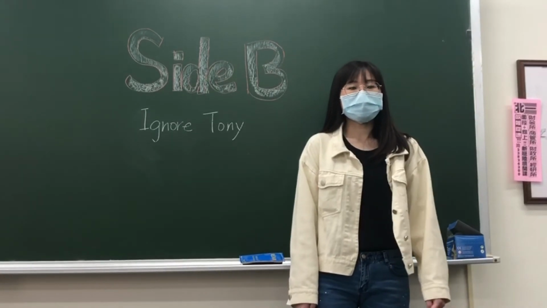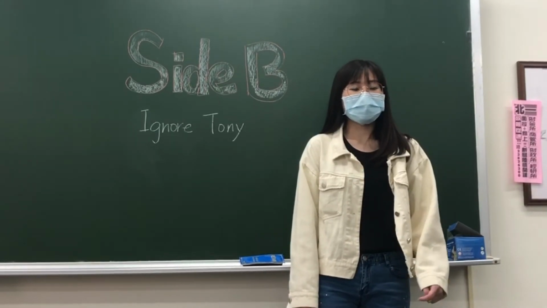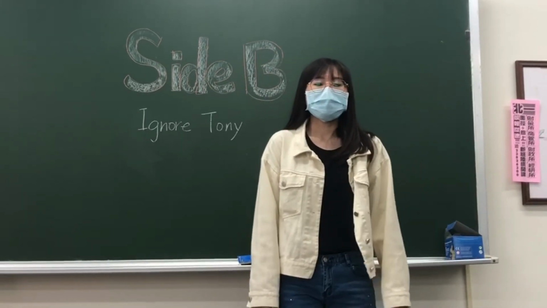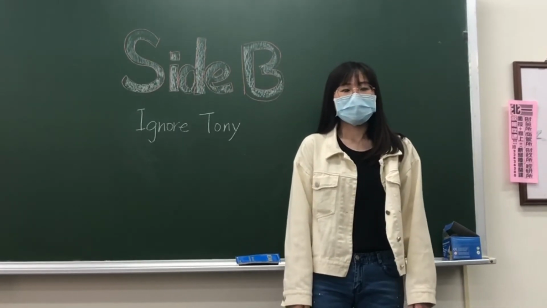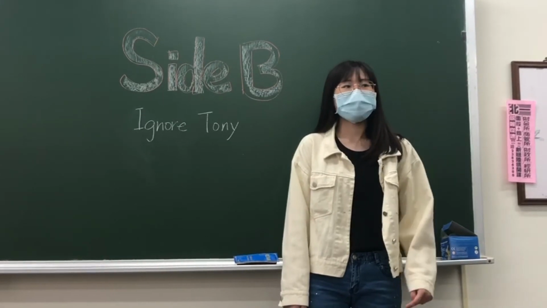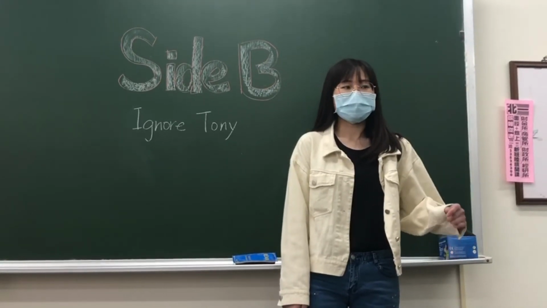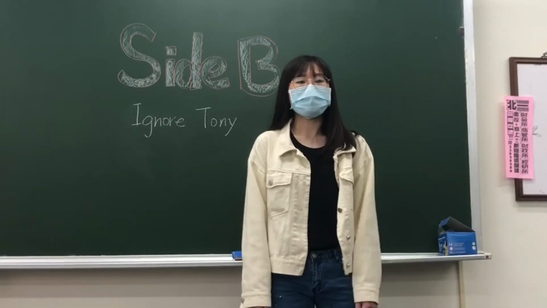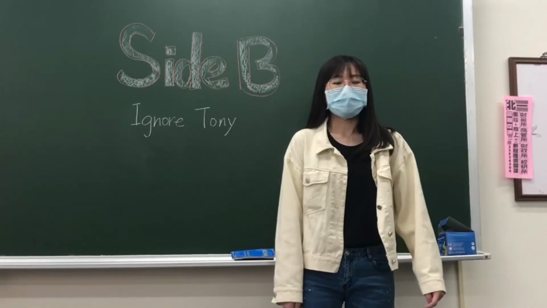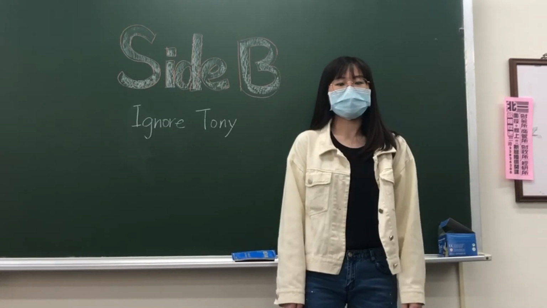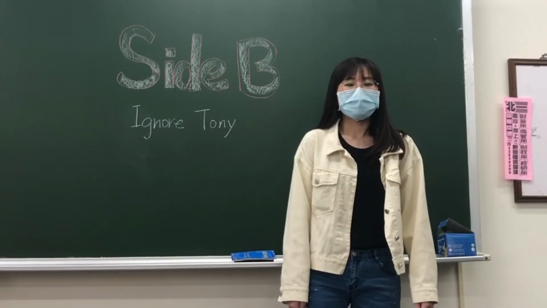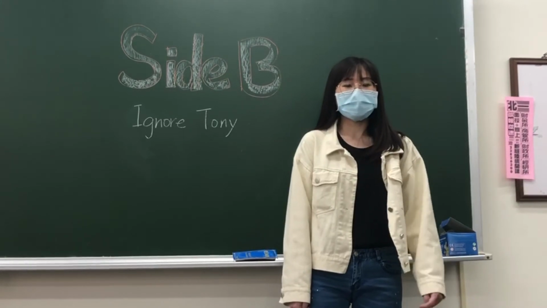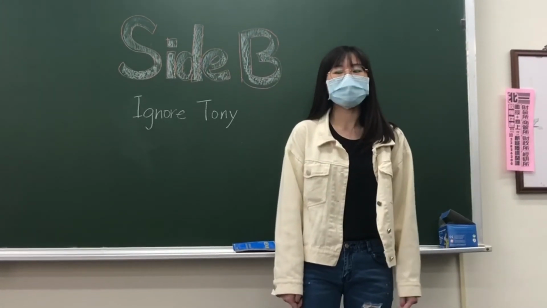And because Tony has to face the consequences in the future. If using his smartphone in class affects his grades, and if his parents blame Miss Lin, I think Miss Lin can just tell them about Tony's behaviors in class.